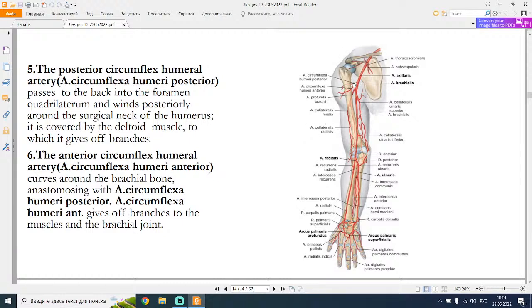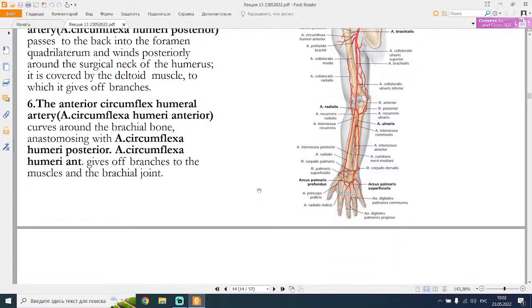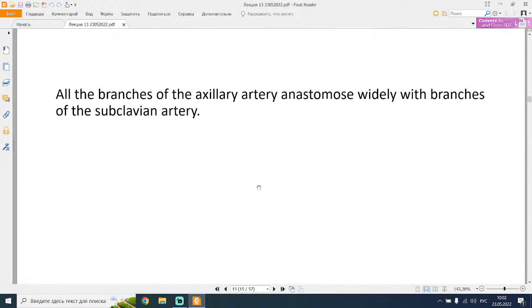What you see: arteria circumflexa humeri anterior and arteria circumflexa humeri posterior. All the branches of the axillary artery anastomose widely with branches of the subclavian artery.